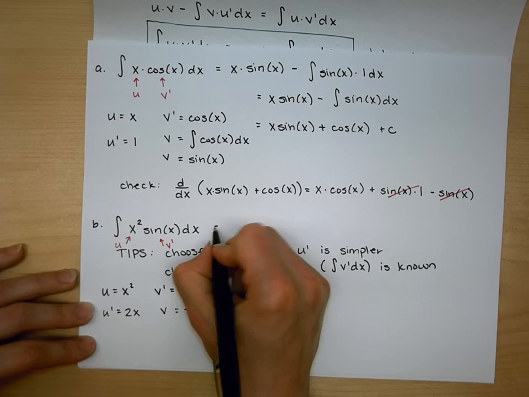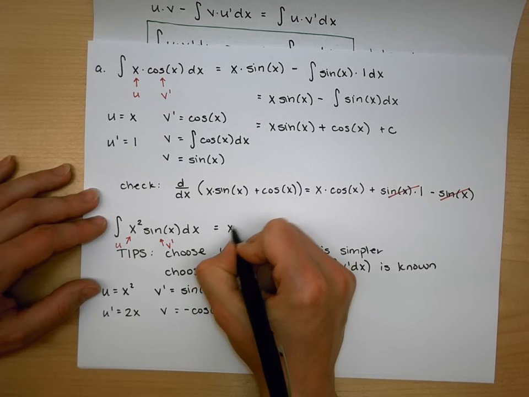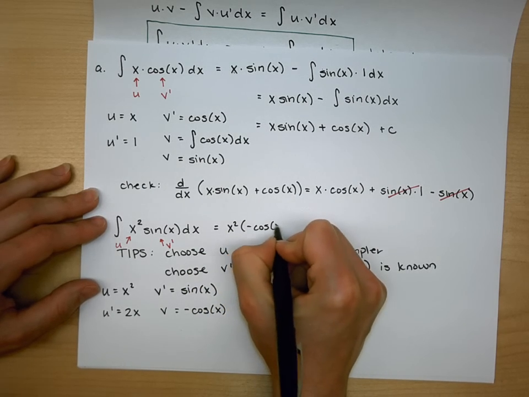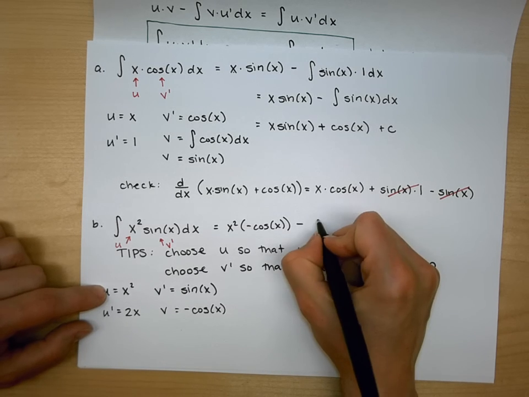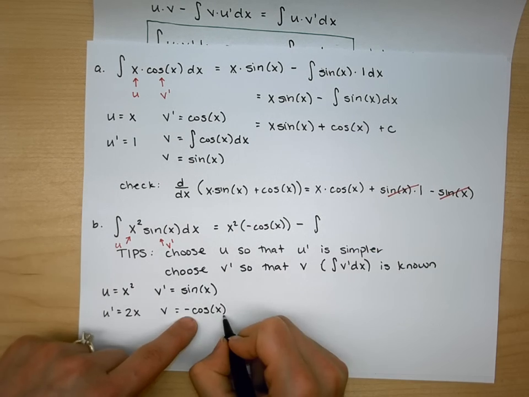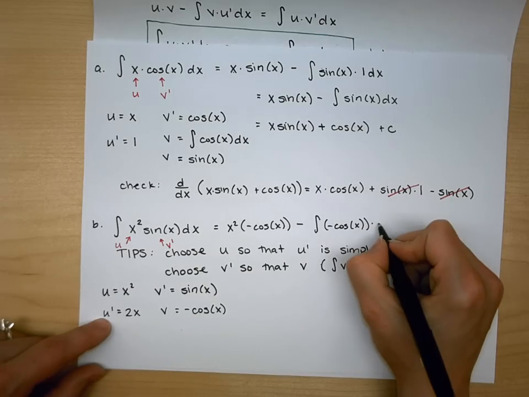So let's fill in those pieces. So I have uv, x squared times negative cosine x, minus the integral of v u prime.